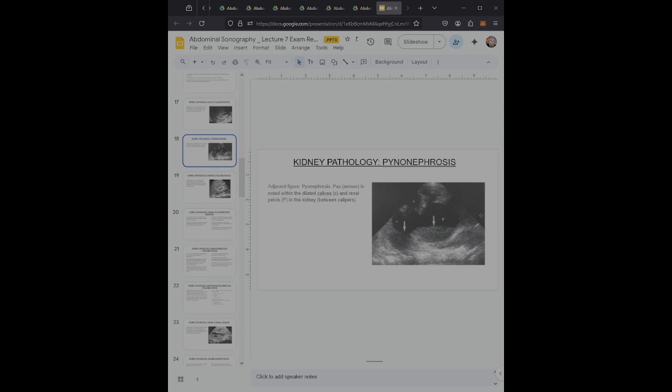Sonographically, the patient will have hydronephrosis, and pus and debris as internal layering and low-level echoes within the dilated collecting system. As we can see here, the dilated collecting system shows these internal layering low-level echoes.